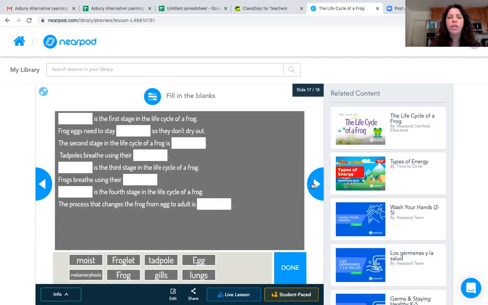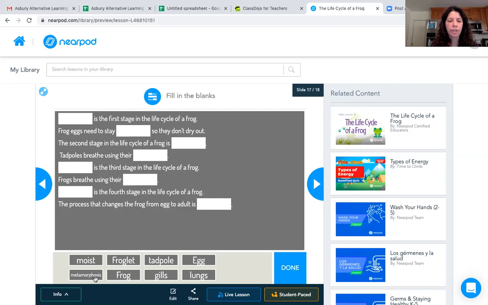Okay, so here we have a fill in the blank, and you can see these little white boxes. Our job is to fill in these boxes with the word bank from below. So let's go ahead and take a look at our word bank. This first word here is moist. Metamorphosis. A metamorphosis is a change.